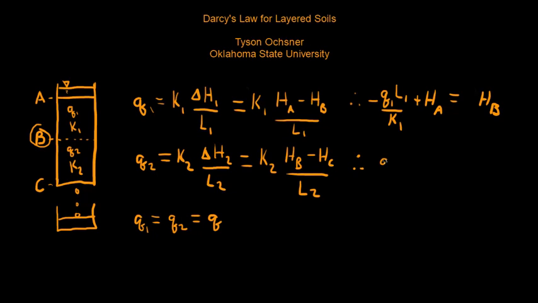So then Q2 is equal to K2 over L2 multiplying this HA minus Q1 over L1 or times L1 over K1.